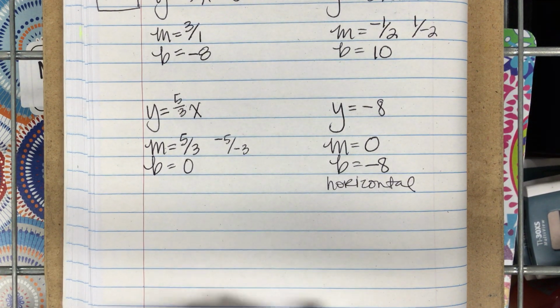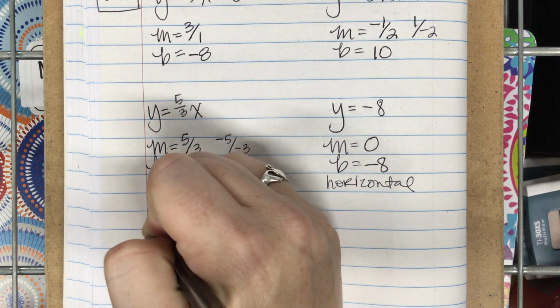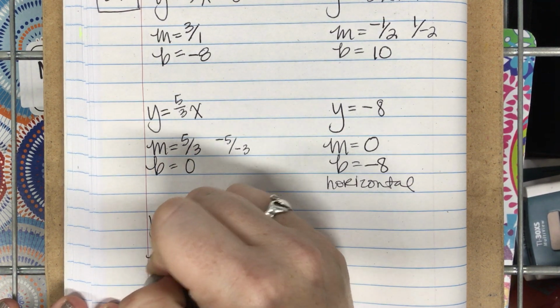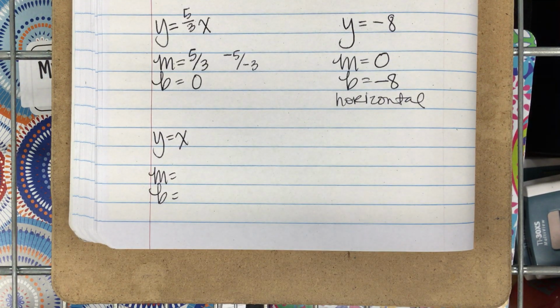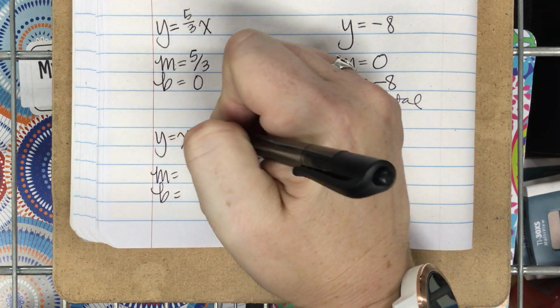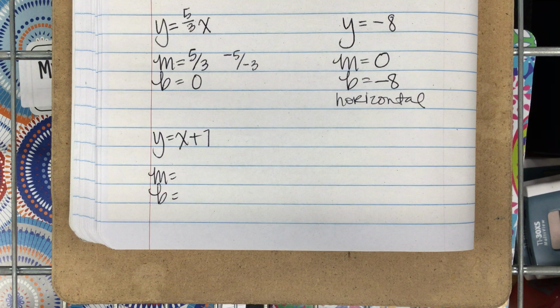All right, we're going to do 3 more. Let's do y equals x plus 7. Let's give it a little fanciness.